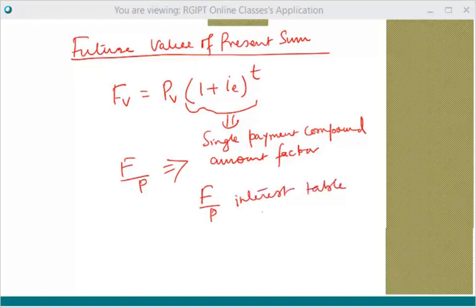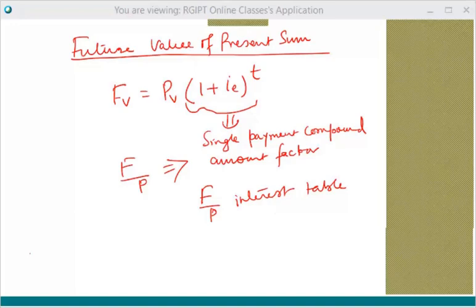With some interest rate and some time factor, they used to have this table called the interest tables, and from there they just picked those numbers and did this multiplication, whether F by P or P by F table.